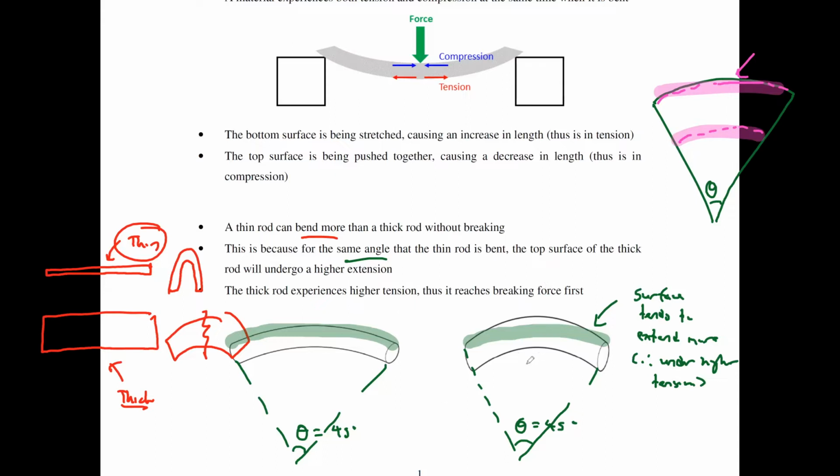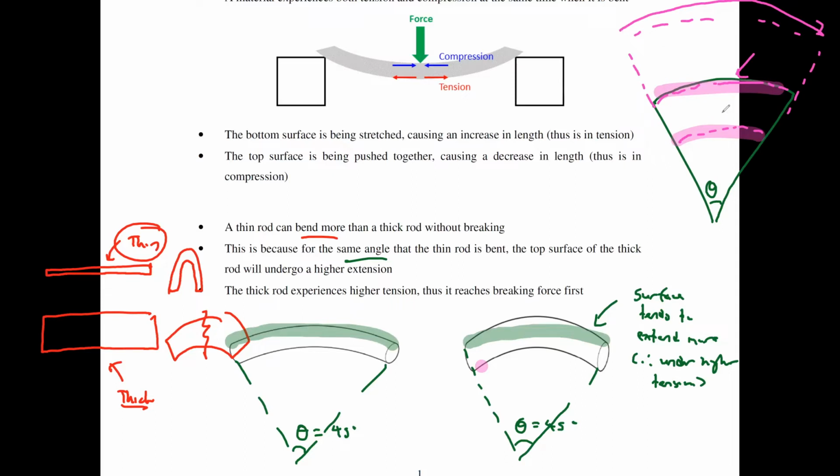Because when you are talking about a thicker rod, it's like you having something a bit more like this. So if you have a thicker rod, this length here would definitely be more than this length here. And likewise, this length here will definitely be more than this length here.